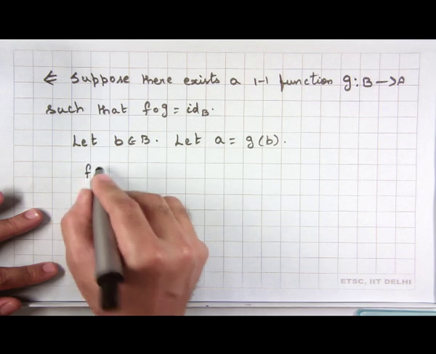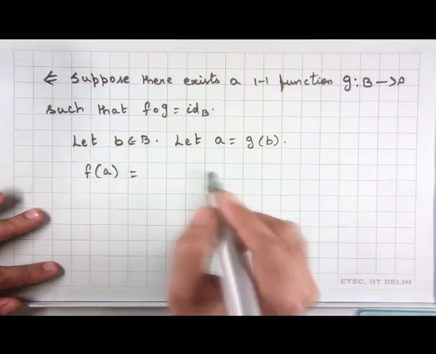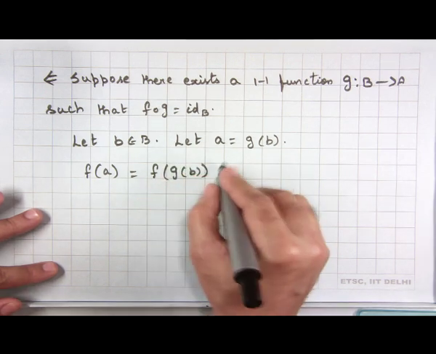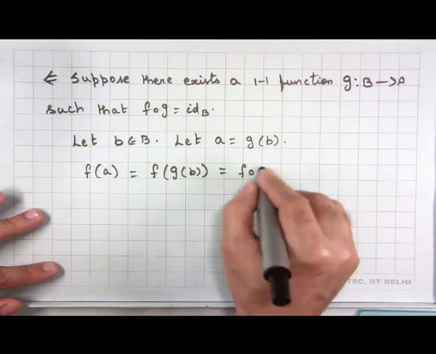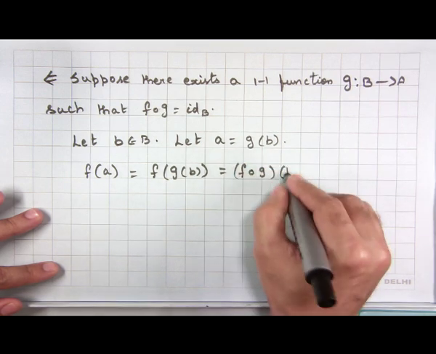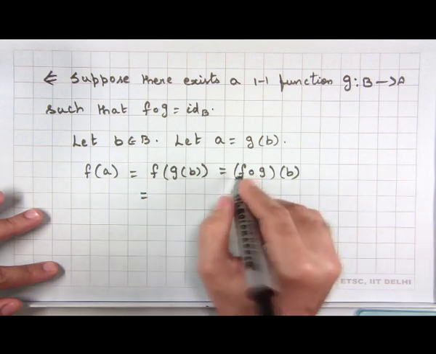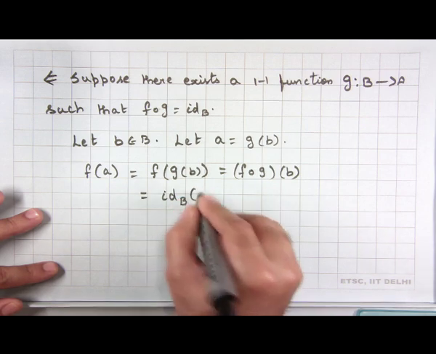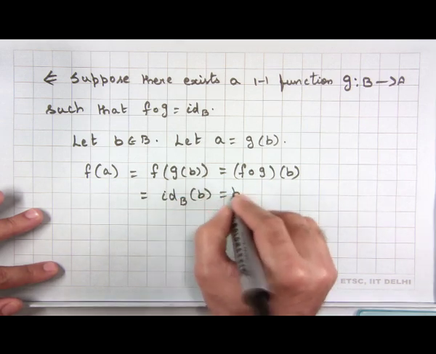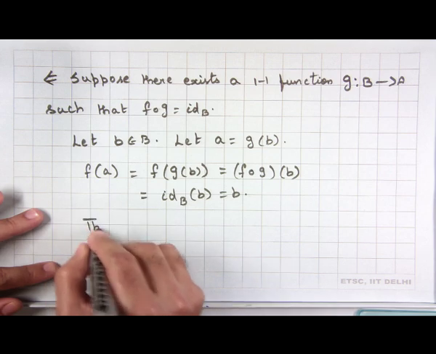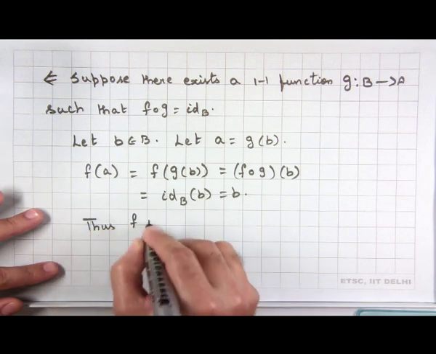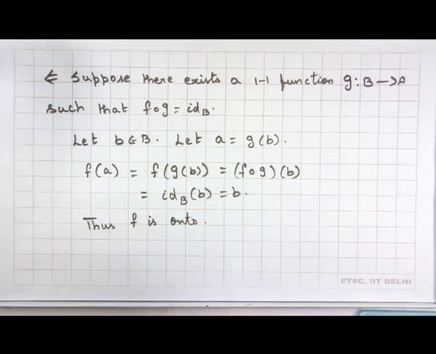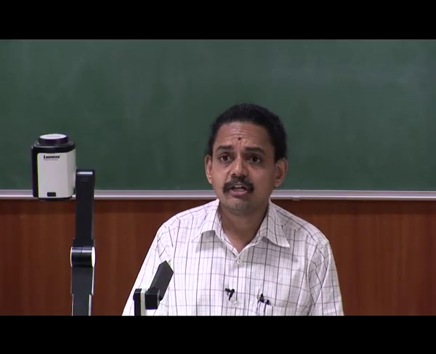Therefore, f of a is f of g of b, which is f composed with g at b, but f composed with g is the identity function, which is exactly b. Thus, f is onto.